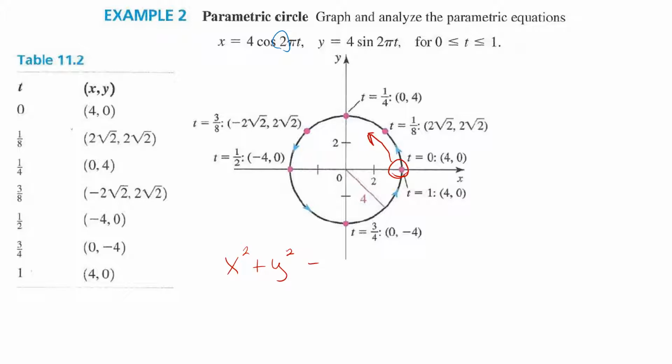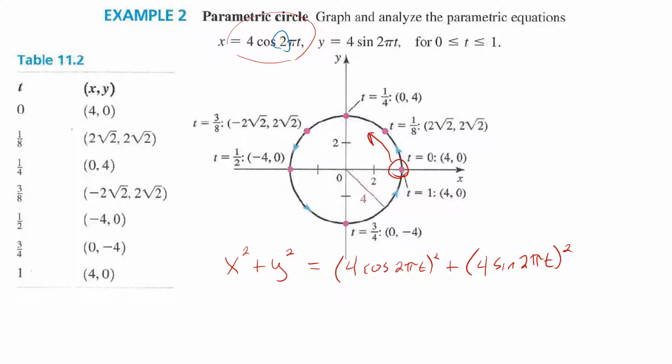So let's look at what x squared plus y squared looks like. X is this 4 cosine 2 pi t. So we're going to have 4 cosine 2 pi t squared plus y squared, which is again 4 sine 2 pi t squared.